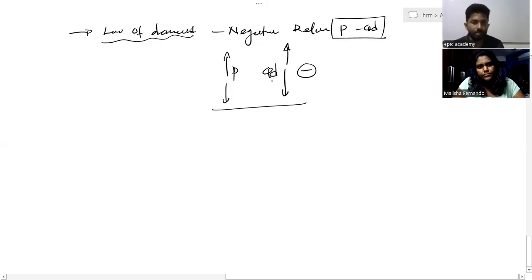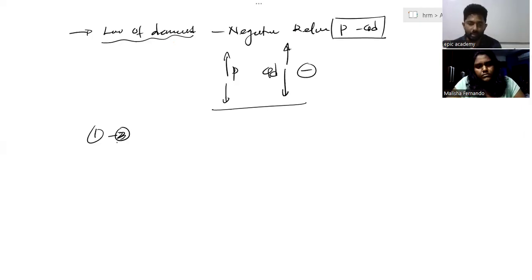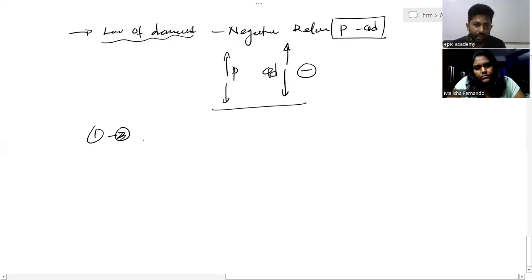Inverse relationship between quantity demand and price. Here, we have to identify three major factors behind that negative relationship. Three major factors will affect to create the negative relationship between price and quantity demand. First one is income effect.